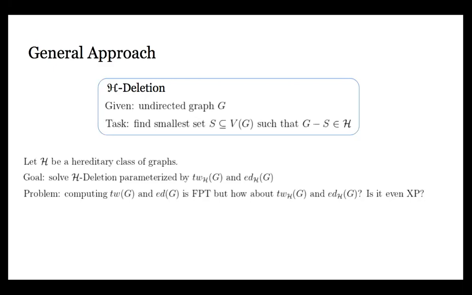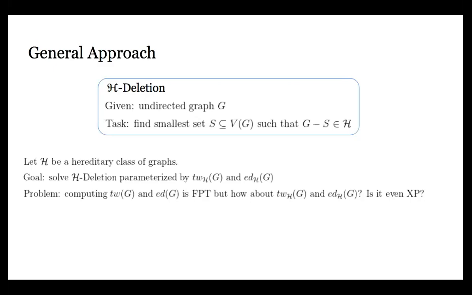Given a parameter k, we would like to know if the H-treewidth of a graph is at most k, or the elimination distance to H is at most k. These problems are FPT for measures such as treewidth and elimination depth, but for an arbitrary target class H, a priori it is not even clear if such a parameterized problem would belong to the class XP.